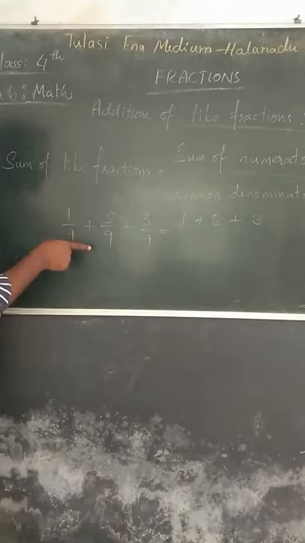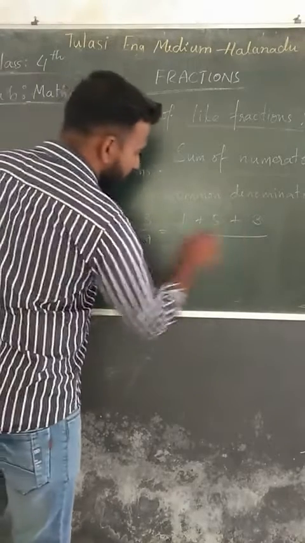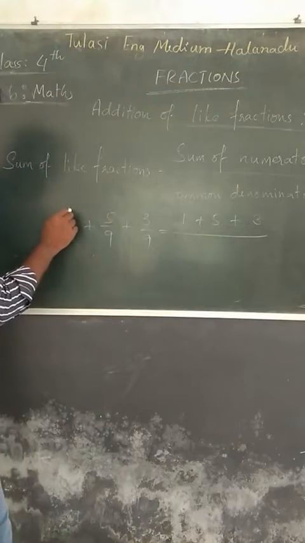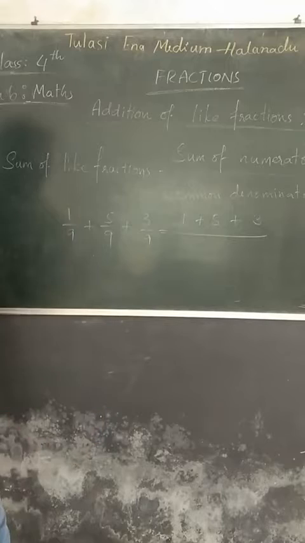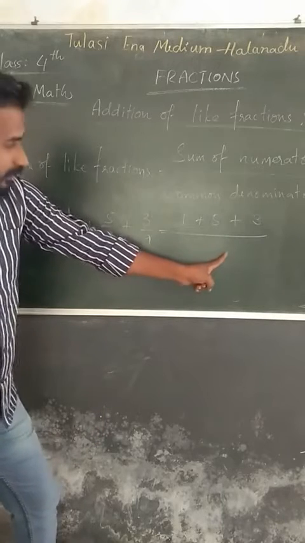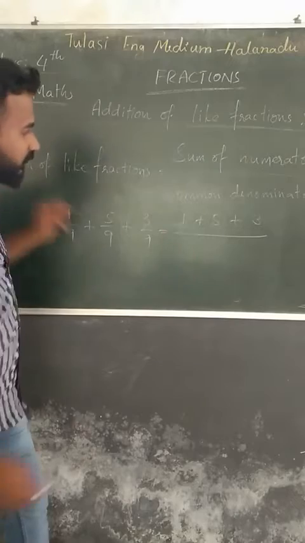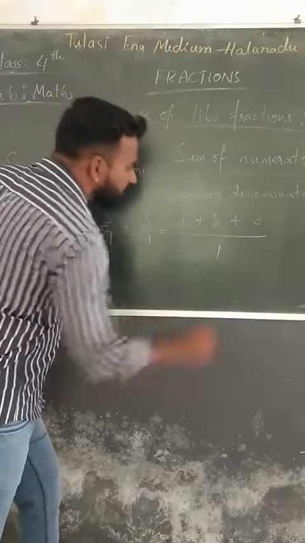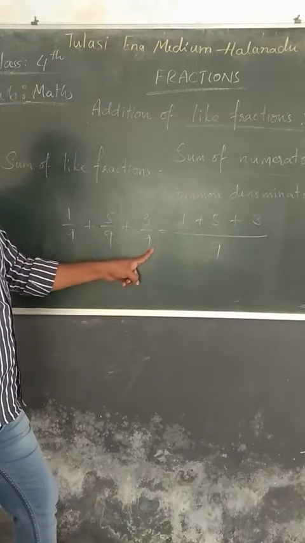Any order you can add, and the result will not change. So I added 1 plus 5 plus 3. Here the denominator is not 9 plus 9 plus 9. You have to write the common denominator, that is 9, because all the denominators are the same.